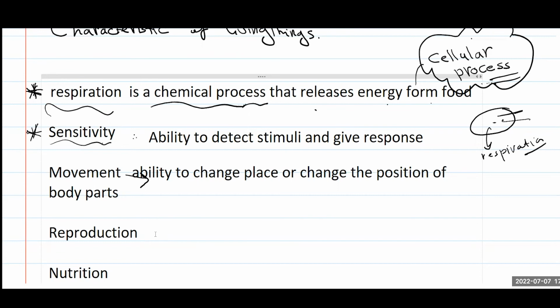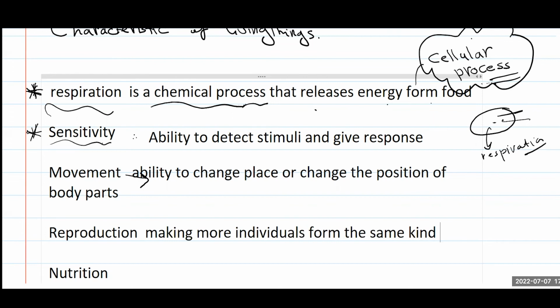So reproduction is making more individuals from the same kind, or we have to use the word species. Let me explain it after a while. Okay? Increase in number, type.